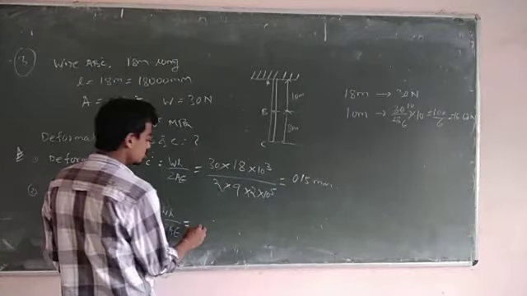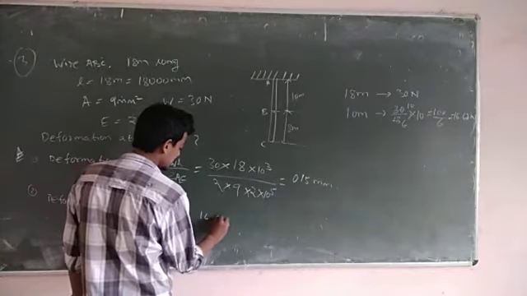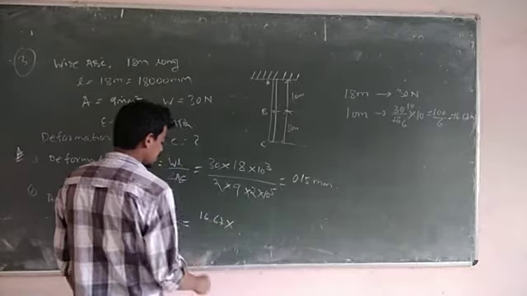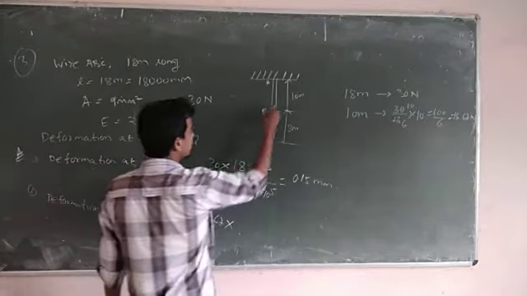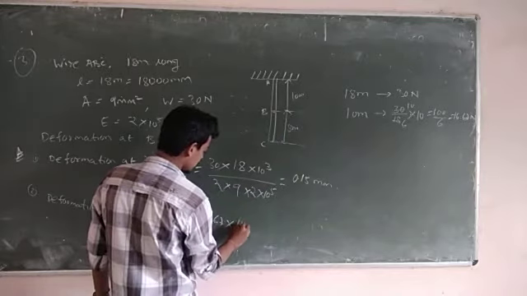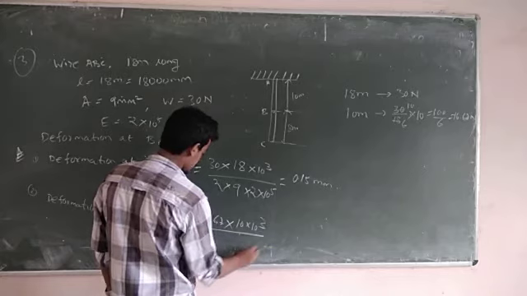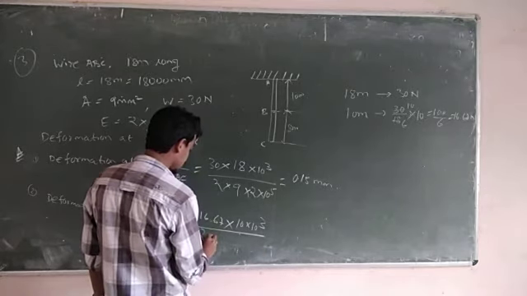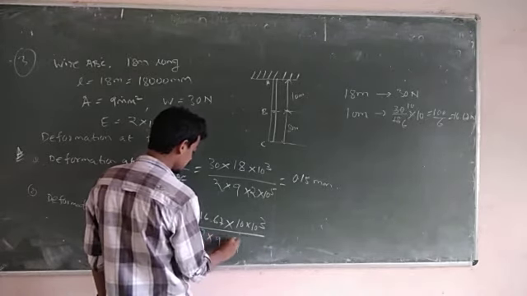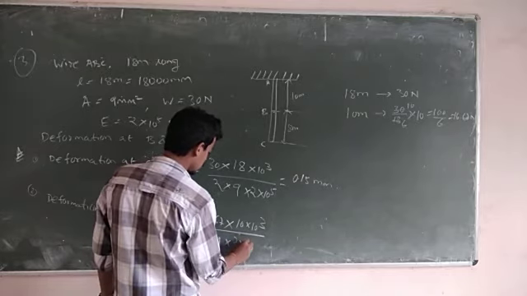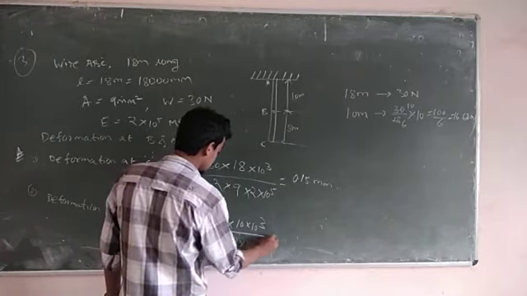So put that value, 16.67. What will be the length? At B point, length will be our 10 meter. Convert into mm. Then 2. Area will remain the same. 2 into 10 to the power 5.